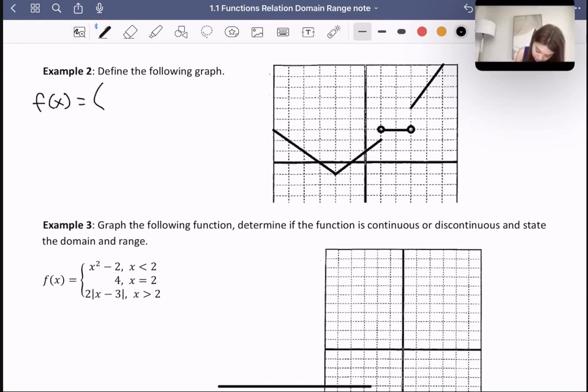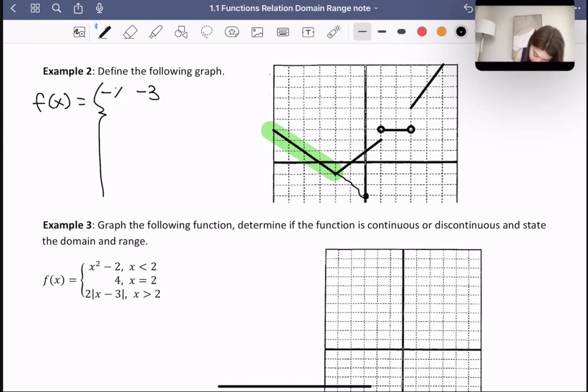So what's our first part of the graph? It would be this section over here that I'm going to highlight in green. So what's the equation of that section? Well, let's see. If we extended this line, the y-intercept would be -3. So -3. And what's our slope? Our slope is -1.